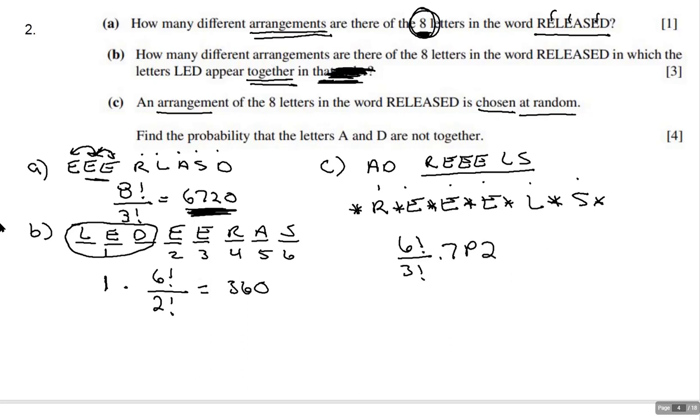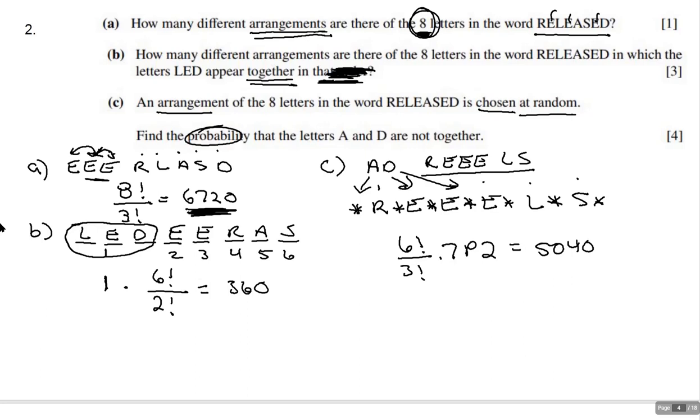That's the number of ways where the A and D go in any of these stars. So tell me, what do you get when you multiply those together? 5,040.